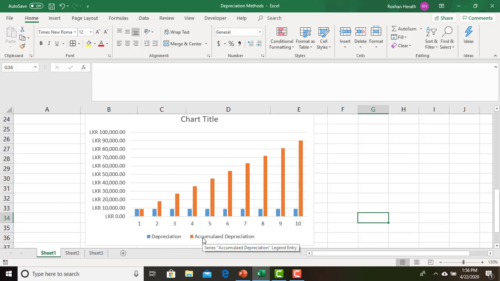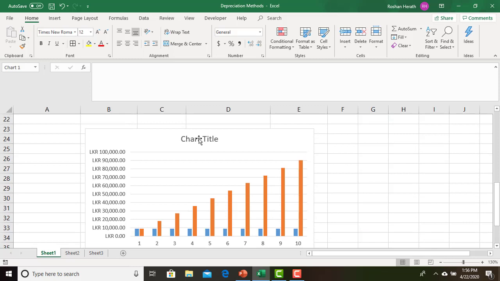In each year the same amount of depreciation is there, but when it comes to the accumulated depreciation, you can see that there is a rising trend. It changed from period to period in an equal amount.